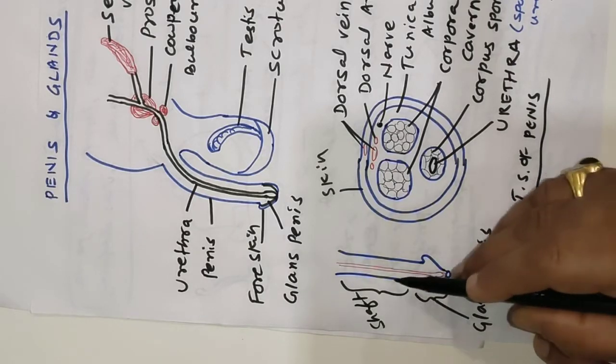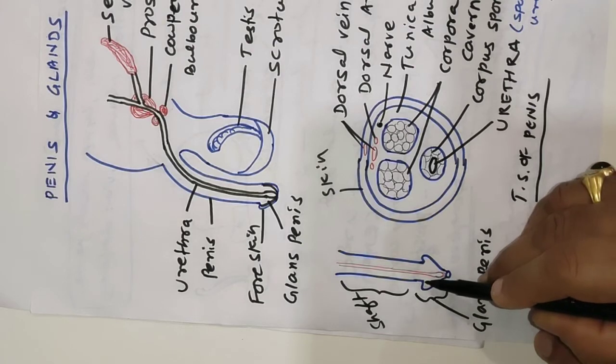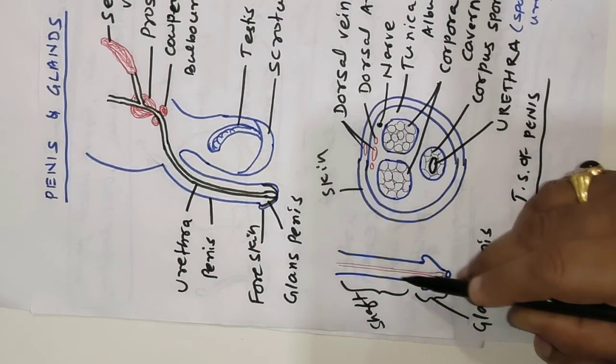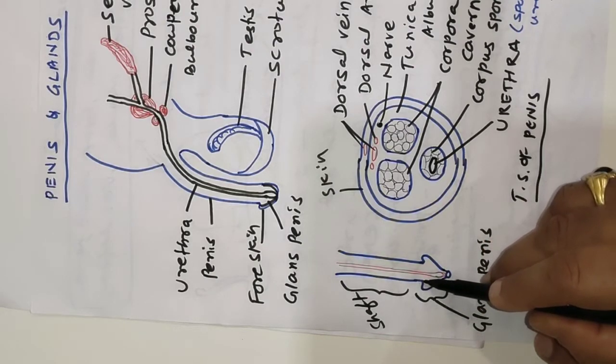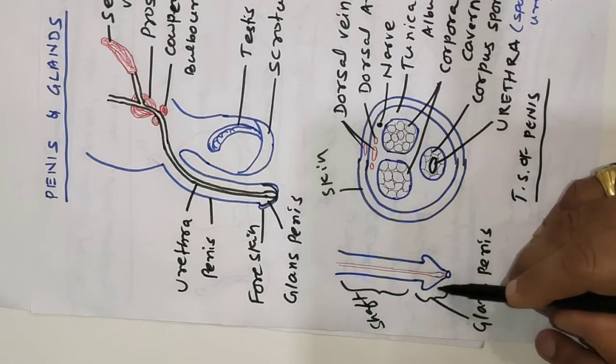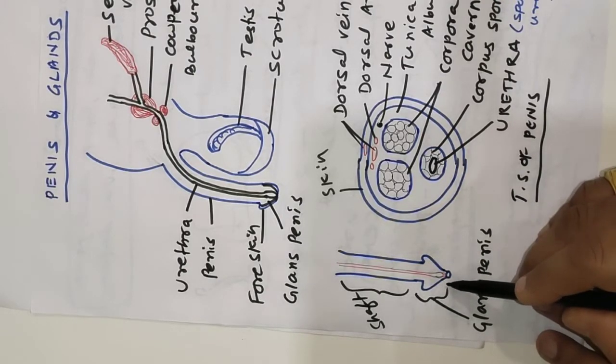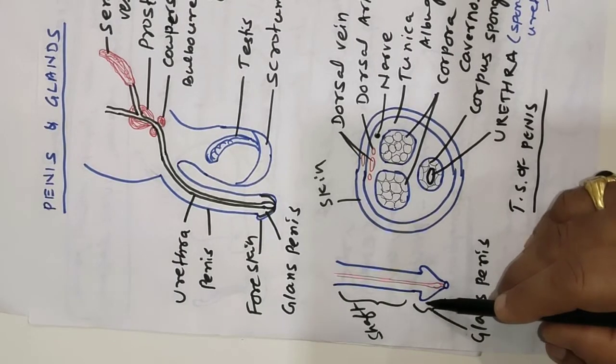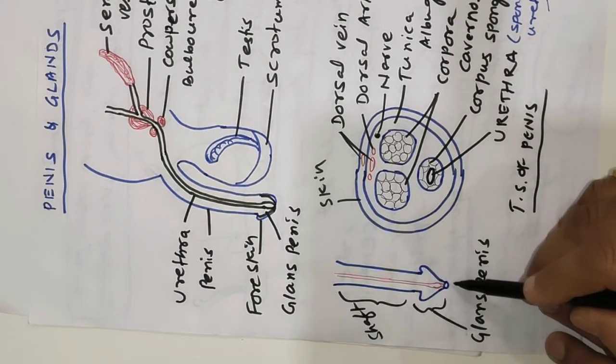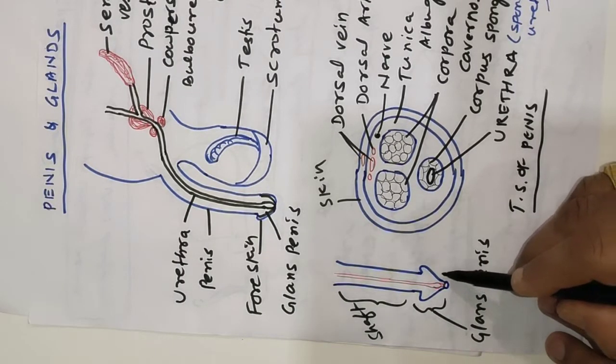These two are separated by a narrow neck. Clear? The glans penis is the tip which is highly sensitive and is covered by a covering called the foreskin or prepuce.